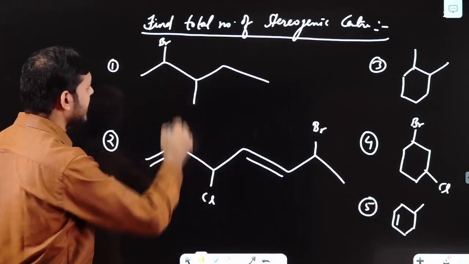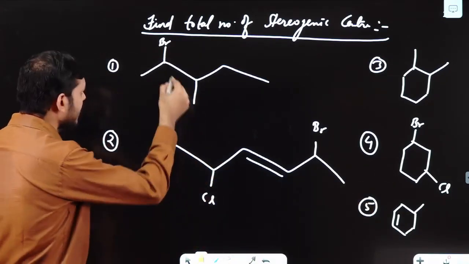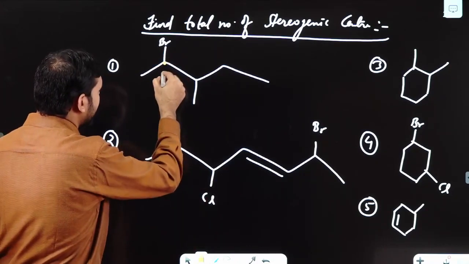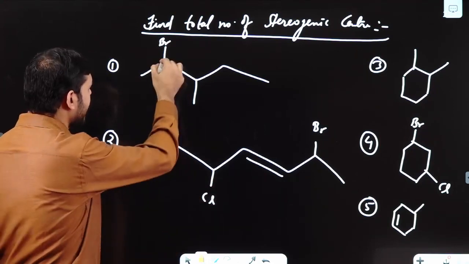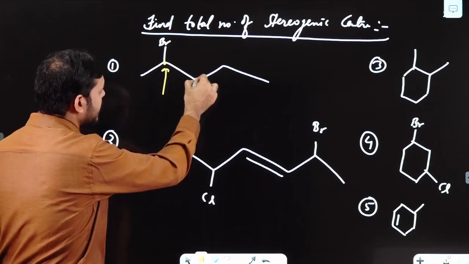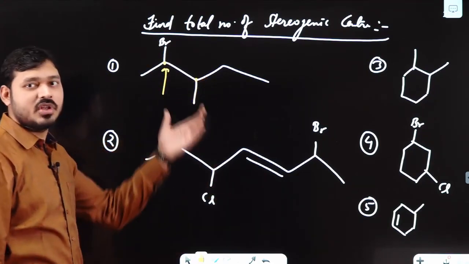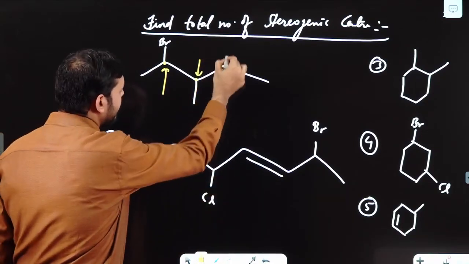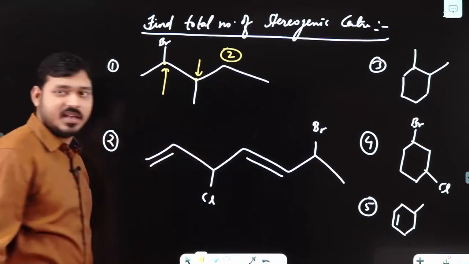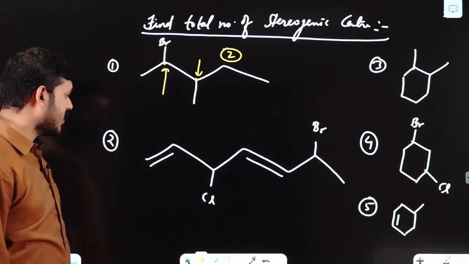So first of all in this one, this is a chiral center, so it will be one stereogenic center. From here I can say optical activity. This is also a chiral center. I can see this molecule is overall unsymmetrical, right? So it is having 2 stereogenic centers. Clear?